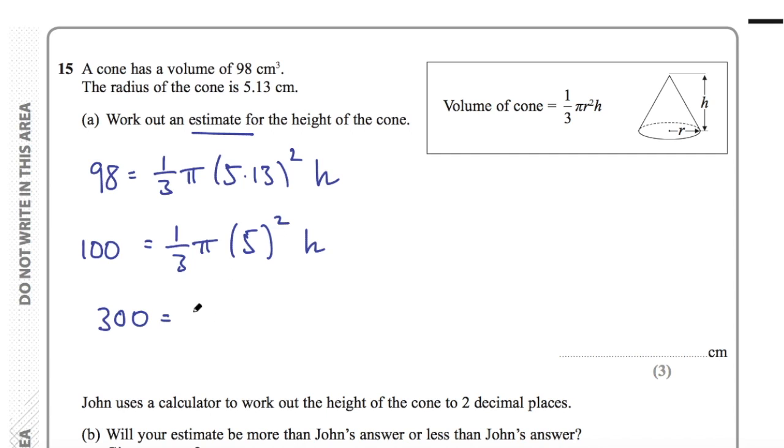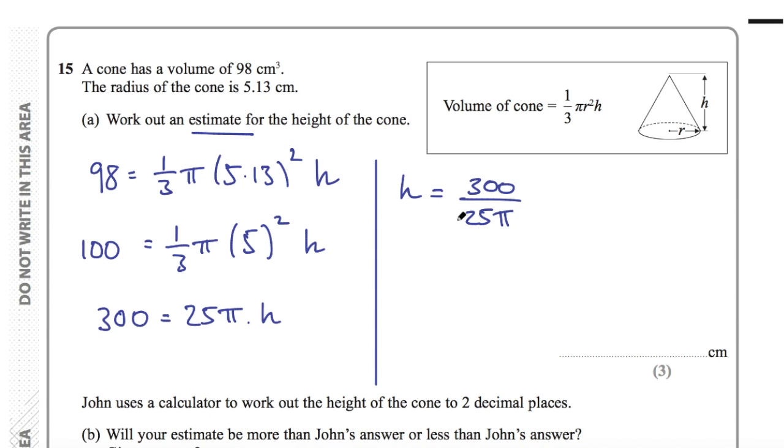This becomes 25 pi times h, and then divide that side by 25 pi, so h is going to equal 300 divided by 25 pi, and then we could divide 300 by 25, which is 12 divided by pi, and now we can estimate pi to be around 3.